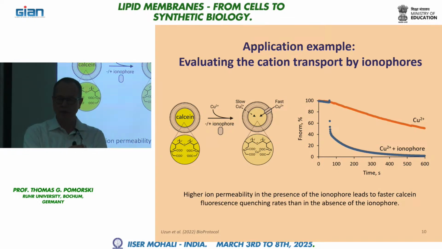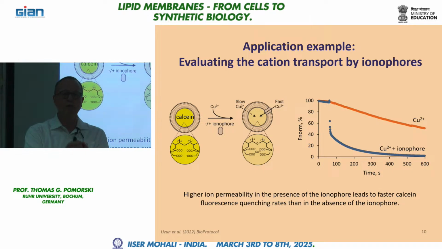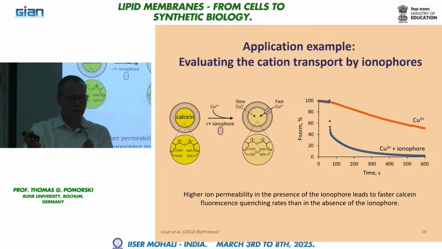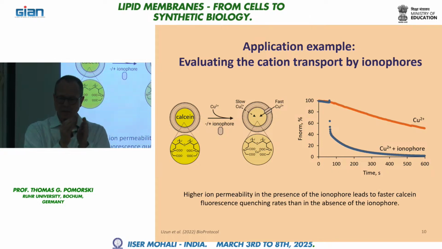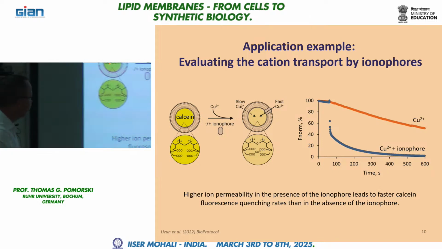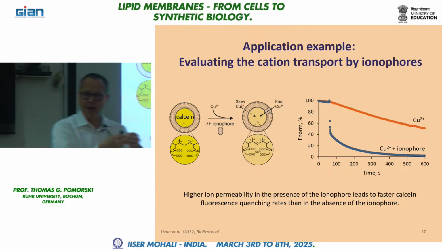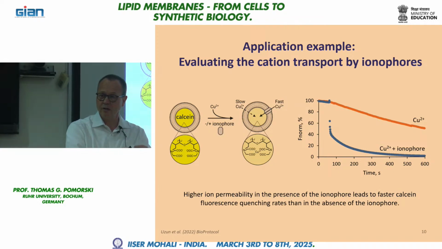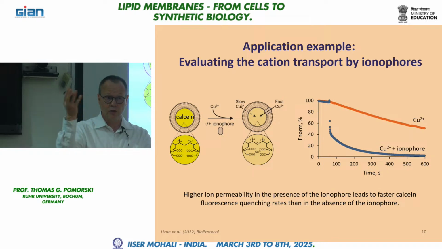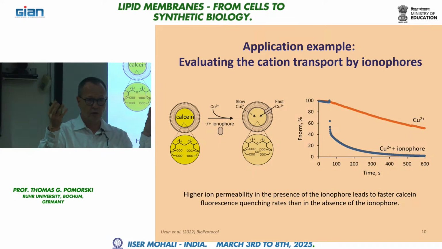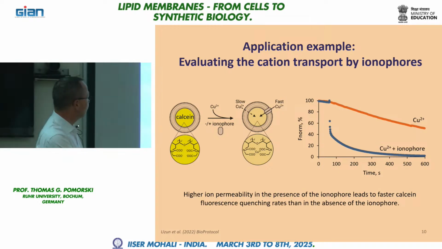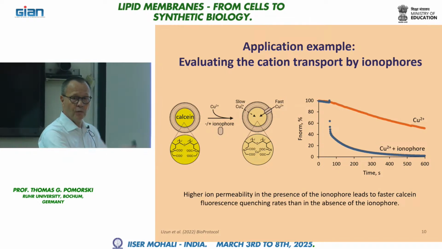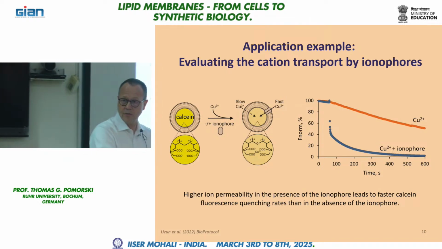Not all the energy that you put into the system will be emitted as light, in particular in these highly concentrated solutions. So if this vesicle becomes leaky and the calcein leaks out, this quenching will stop and you get a huge increase in fluorescence. So an increase in fluorescence will be indicative of a leakage of this dye.